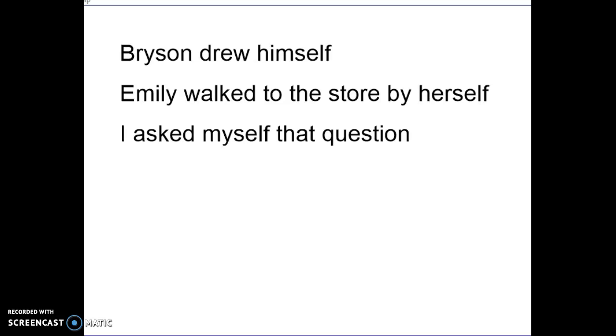Now look at my third example. I asked myself that question. So myself is a reflexive pronoun to I. And what job is myself doing in that sentence?